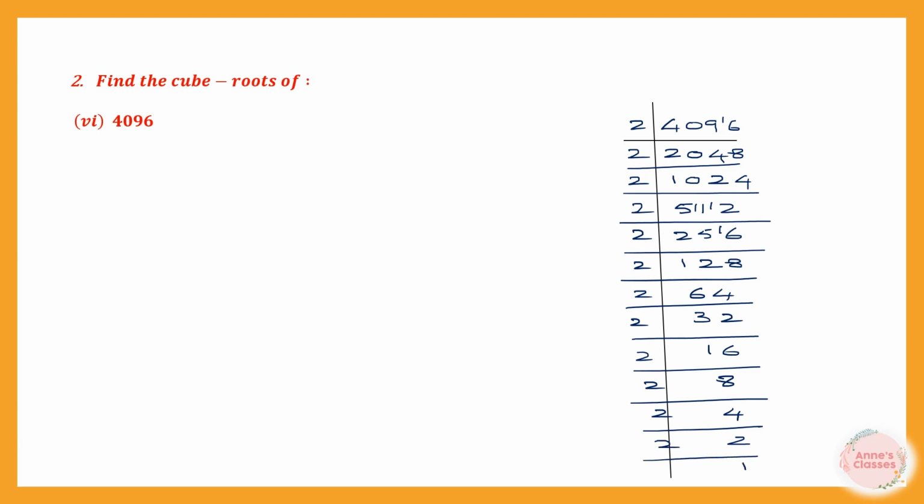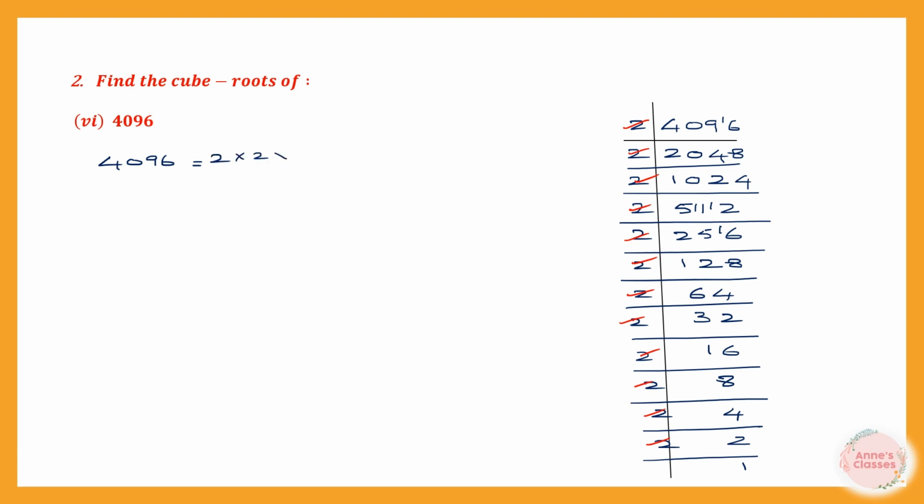So there are many factors here. So let's write down all the factors of 4096. Let's count the number of 2's. So 1, 2, 3, 4, 5, 6, 7, 8, 9, 10, 11, 12. There are 12 2's.